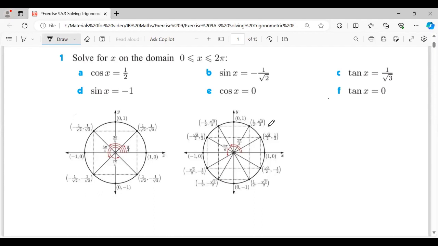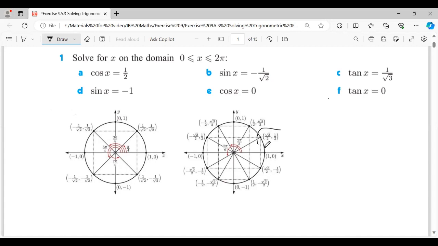As I have explained in my previous explanation, this coordinate point consists of cosine x and sine x. Cosine x is the first number, while sine x is the second number. For example, this (1, 0): 1 is the value of cosine x, and 0 is the value of sine x.